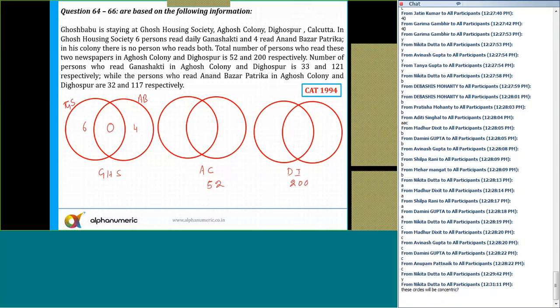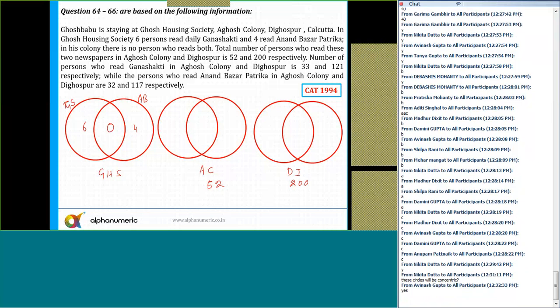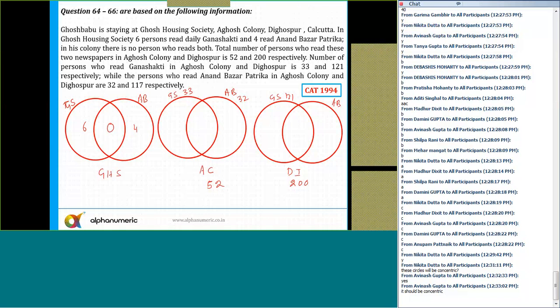The number of persons who read Ganshakti in Agos colony and Digosir is 33 and 121. So the total number of people who read Ganshakti in Agos colony is 33, and in Digosur it is 120. The persons who read Anand Bazar Patrika in Agos colony are 32, and here it is 170.